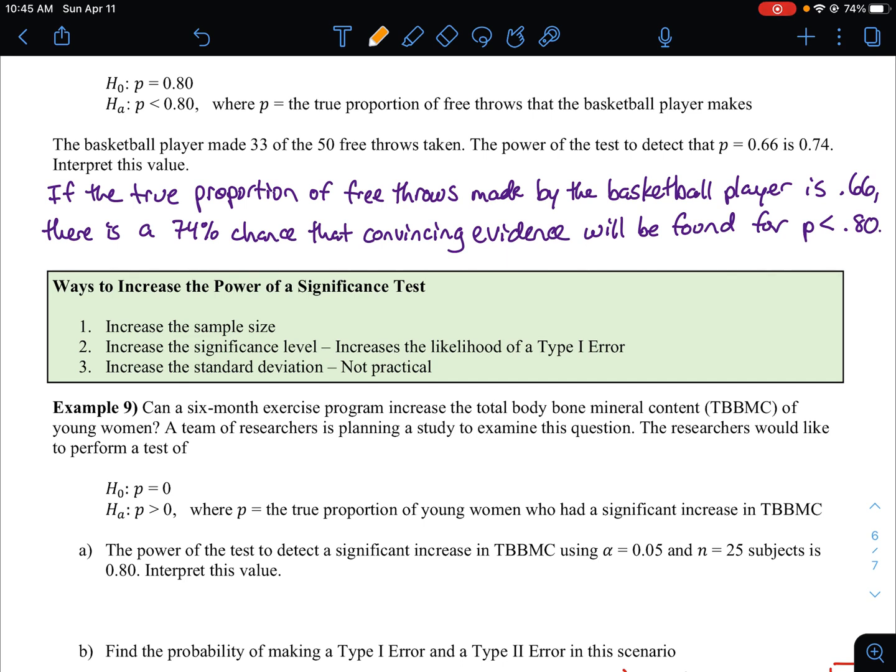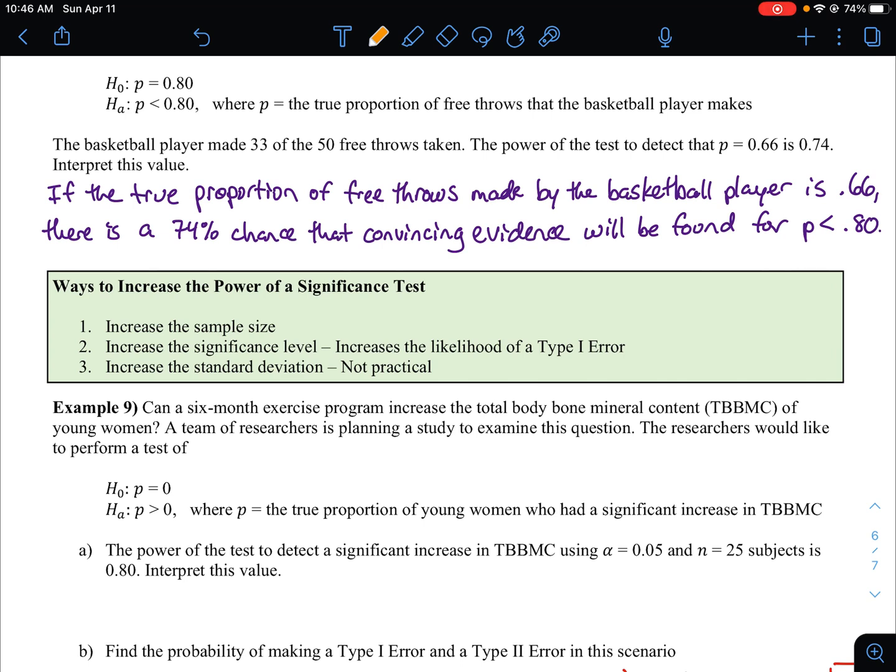But in example 9 here, it says, can a 6-month exercise program increase the total body bone mineral content of young women? A team of researchers is planning a study to examine this question.